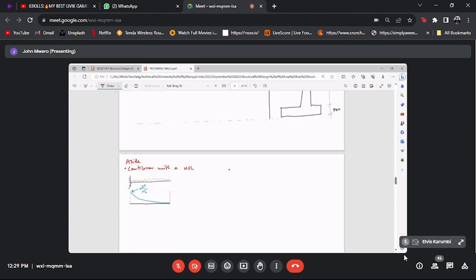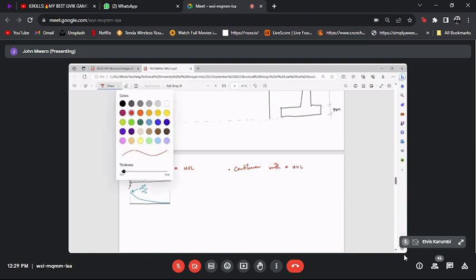Now, when we have a cantilever with a uniformly varying load, the equation changes slightly.